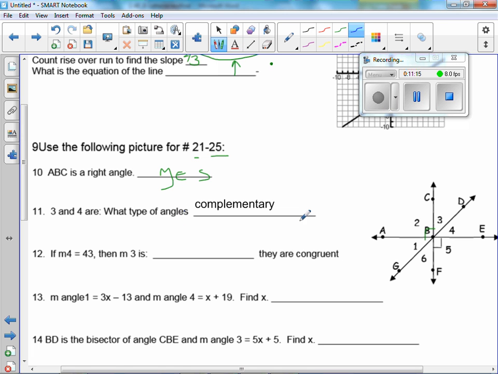So you would have to subtract 43 from 90. So this is 47.